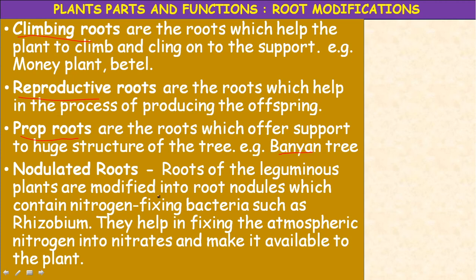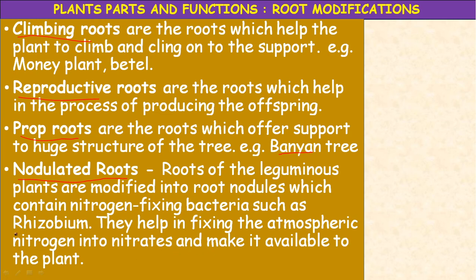Next type of roots are called nodulated roots. This you can see in the leguminous plants. Roots of leguminous plants are modified into root nodules which contain nitrogen fixing bacteria such as rhizobium.